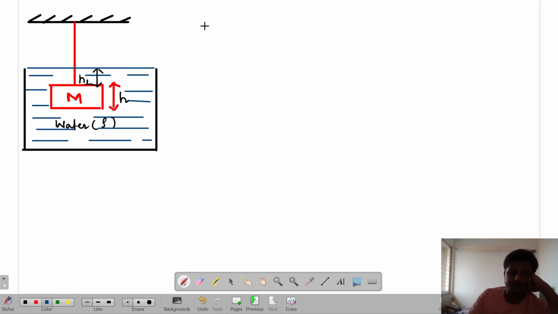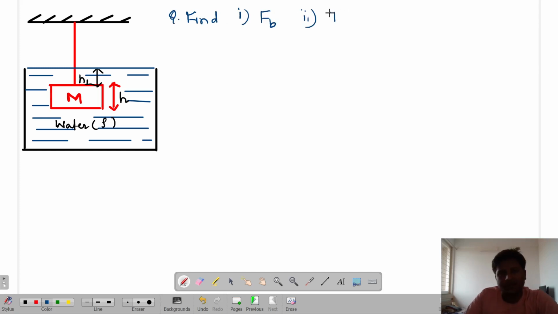So the question is simple. First, find the following things. First, buoyancy force. Second, tension in the thread.